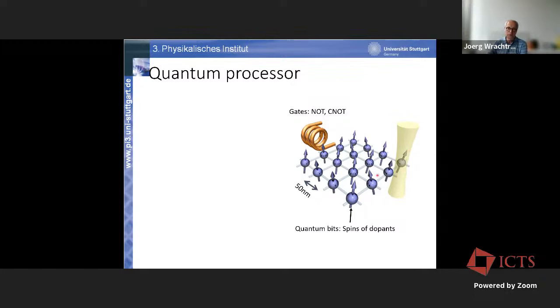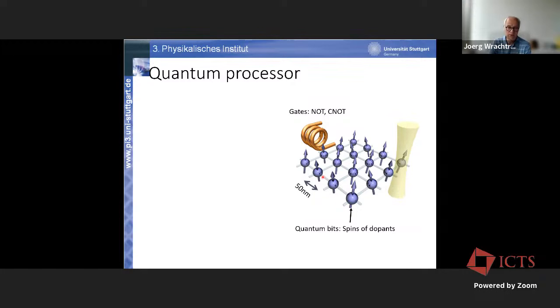Now, a key feature of such an arrangement is the average distance between the electron spins. What you want is for the electron spins to have strong interaction, stronger than the interaction with any other degree of freedom in the surrounding, like for example, phonons. And this requires a spacing of the electron spins on the order of a few 10 nanometers, say 50 nanometers. Okay.